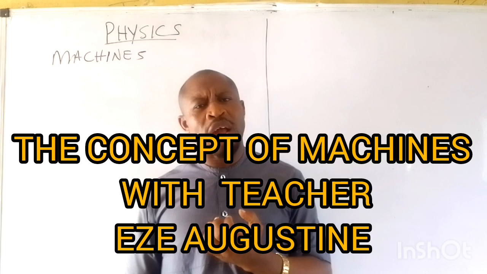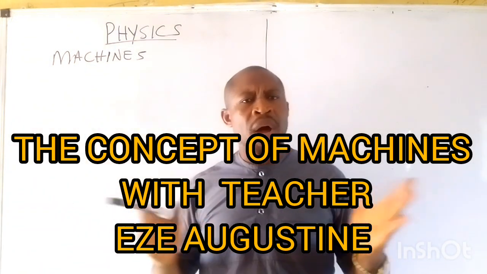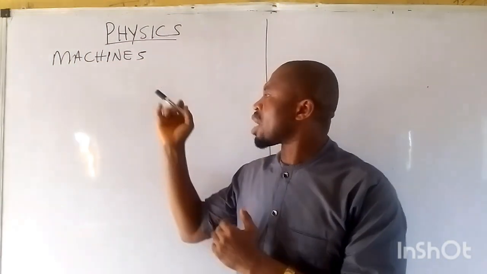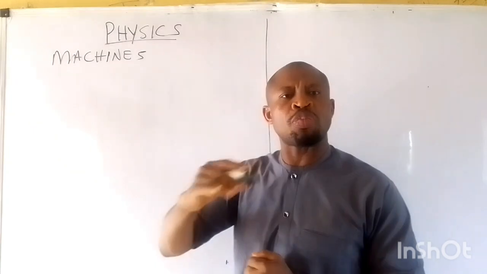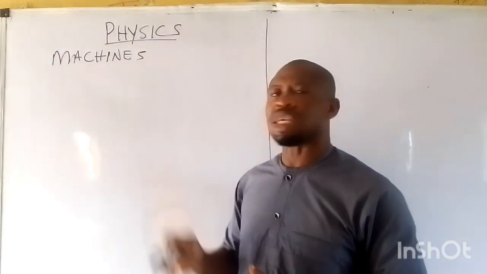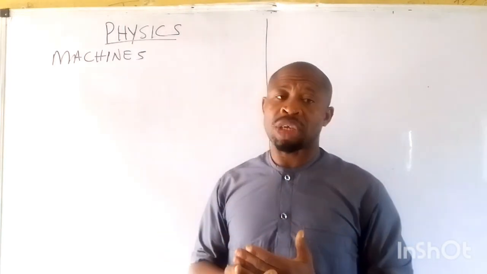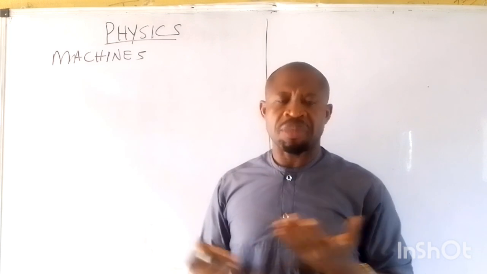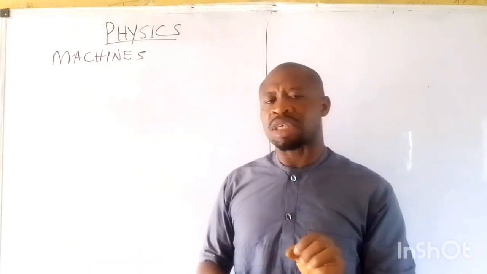I want us to look at the concept of machines. But this topic is a broad topic, and we're going to split this machine bit by bit. In this video, I'm going to look at the definition of machines, the examples of machines, the types of machines we have.